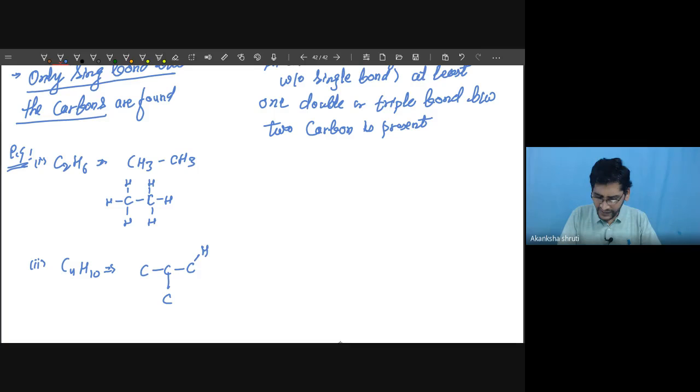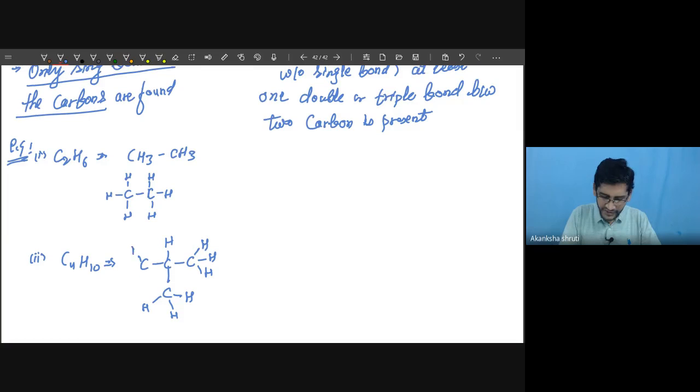So here we are getting each carbon attached with the other carbon with single bond only. Means between two carbons there is no double bond.